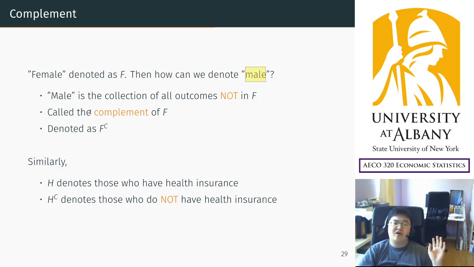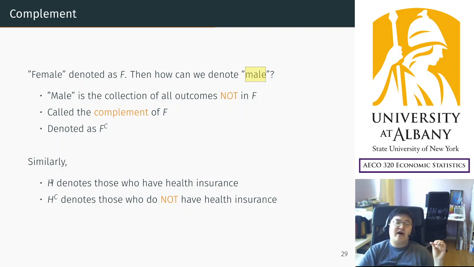So we call this the complement event of F, and denote it as F superscript C. Of course, this C stands for complement. So we read it as F complement. Female complement is male. So it's intuitive, easy to understand, or you can think of it as negation.